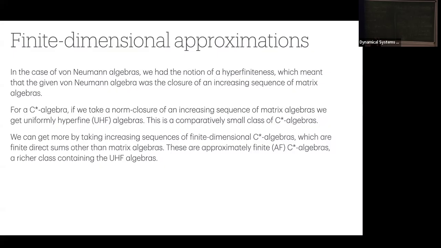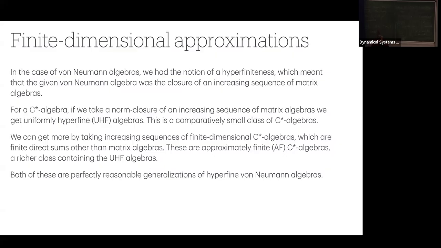Of course, this will contain the UHF algebras, but it's a strictly larger class. These are called approximately finite C-star algebras, or AF C-star algebras for short. Both of these are perfectly reasonable generalizations of hyperfinite von Neumann algebras.